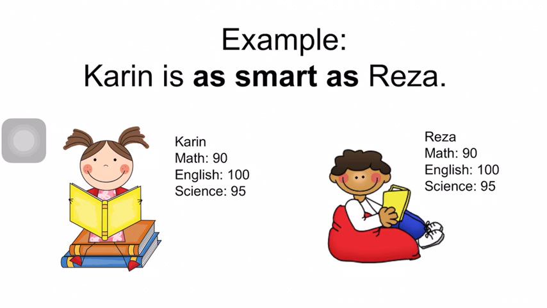Reza's English is 100. Reza's science is 95. Karin and Reza have got the same score in the same subjects. So we can conclude that Karin is as smart as Reza.